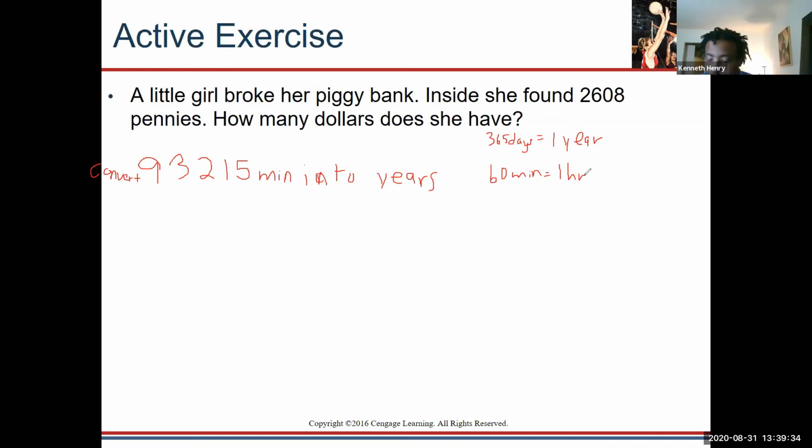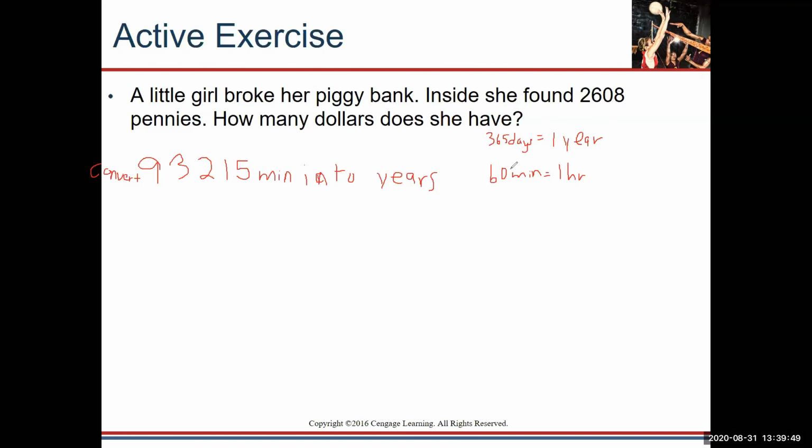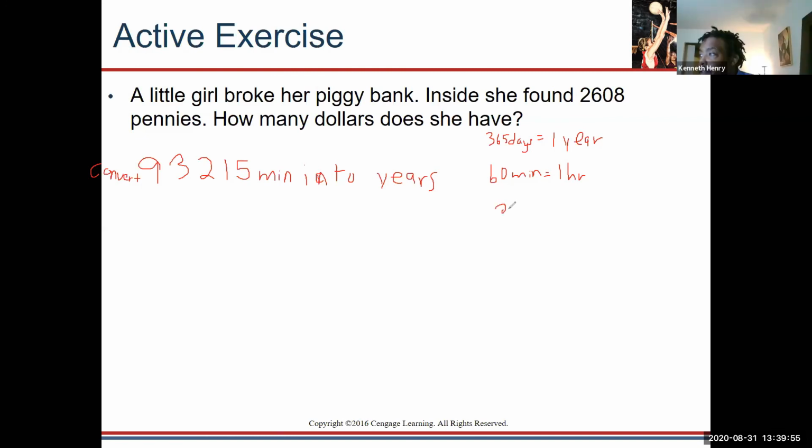Because we have days here, how do we get to days? There's 24 hours in a day. Okay, so we have 3 equivalencies to work with.